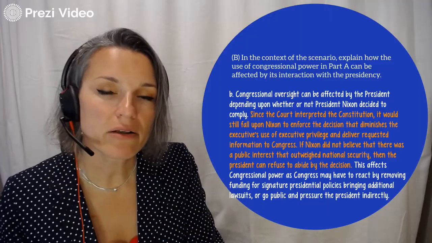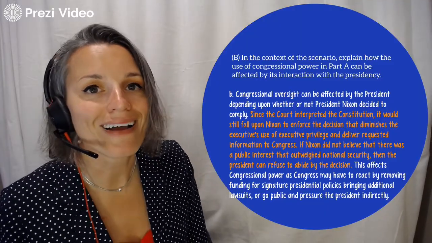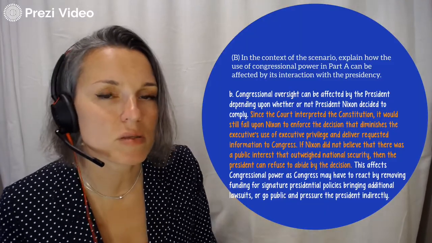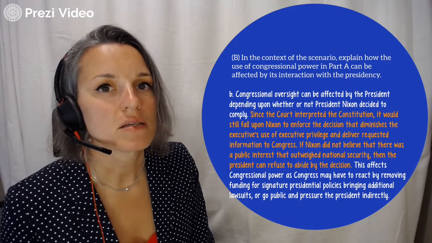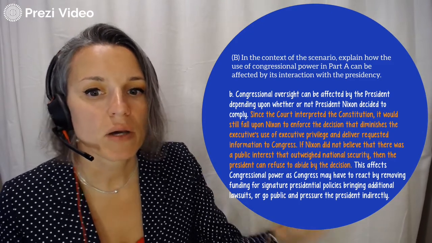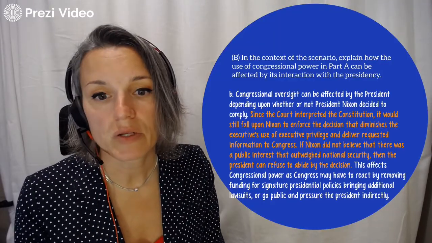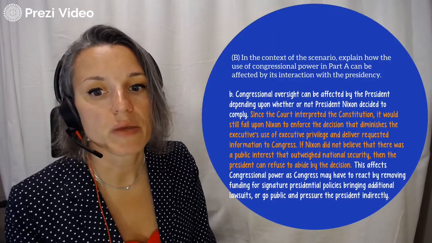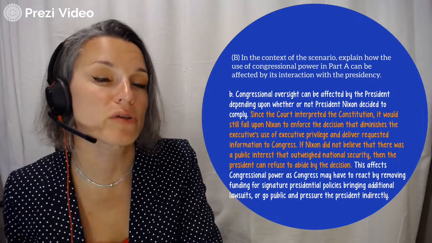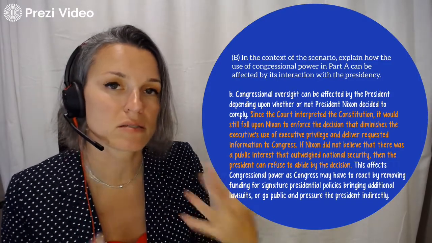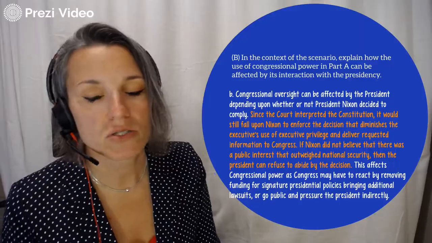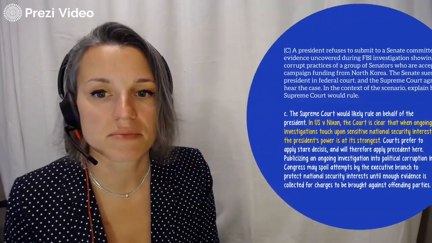So I'm going to come back around for commentary showing that I understand that this decision tree that the president has in front of them is hinging upon public interest and national security, and it's going to affect congressional power because Congress may have to react by doing something further if they really disagree, right? This is that tussle over separation of powers and checks and balances.